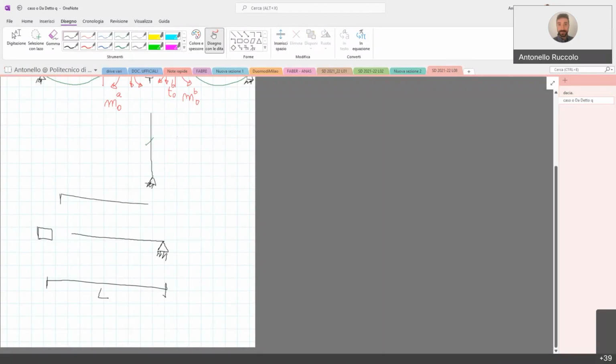So if we consider a generic beam, with one section that is clamped in and the other section that is hinged, so here we have the possibility to rotate in this node.